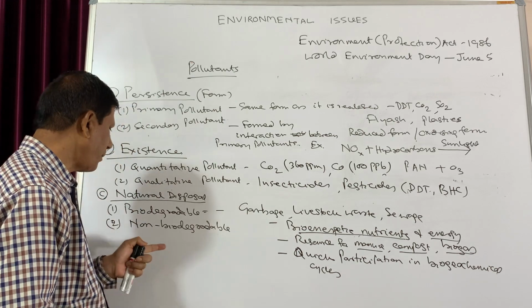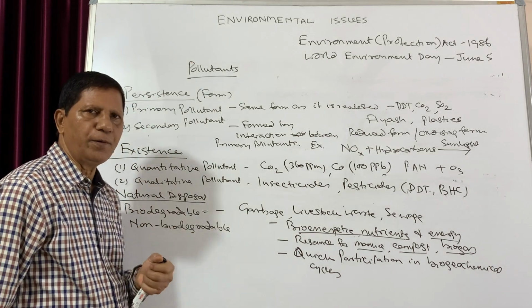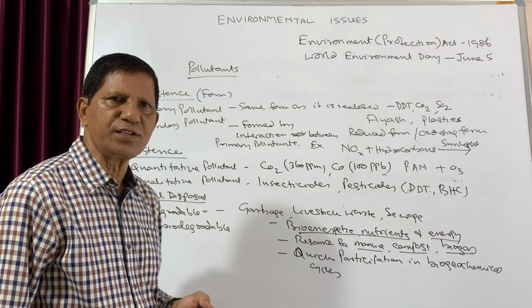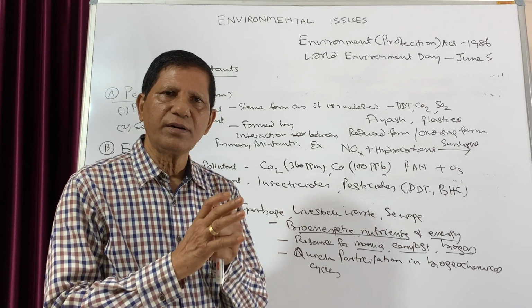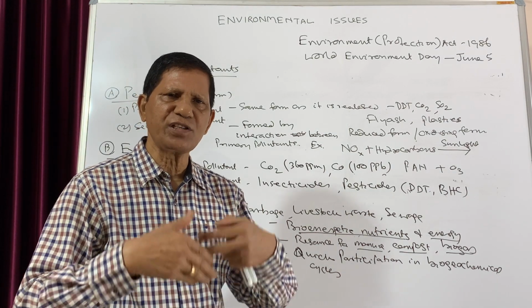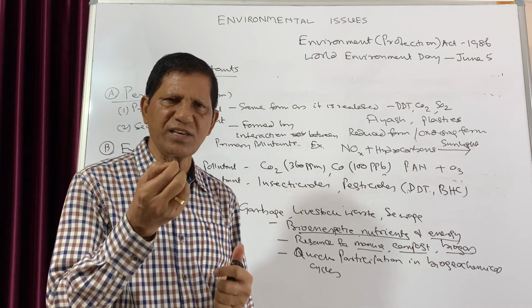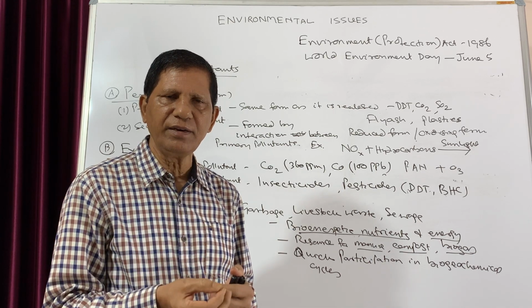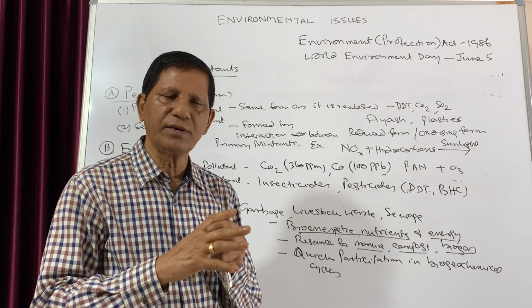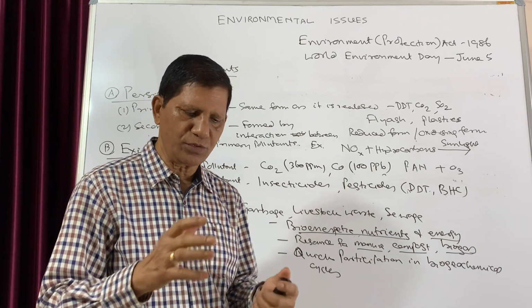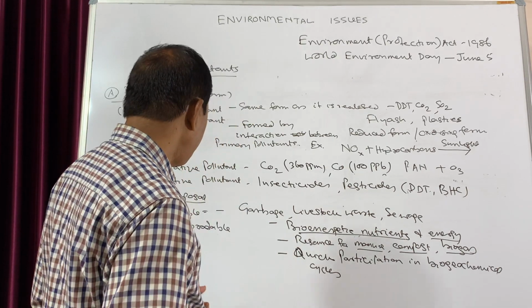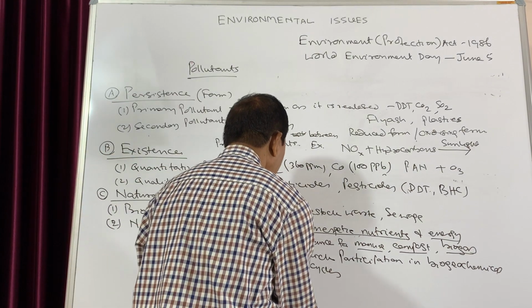But coming to the non-biodegradable, there are certain substances that do not degrade. Some may degrade very slowly, but a lot of them do not degrade even if you keep them for centuries. So in this category, what are the different examples?